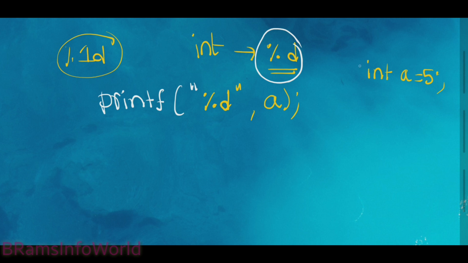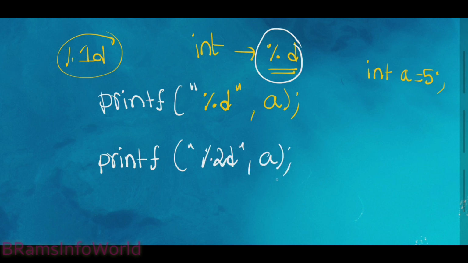Similarly we can take the second printf with %2d of a. What is the difference between these two statements?